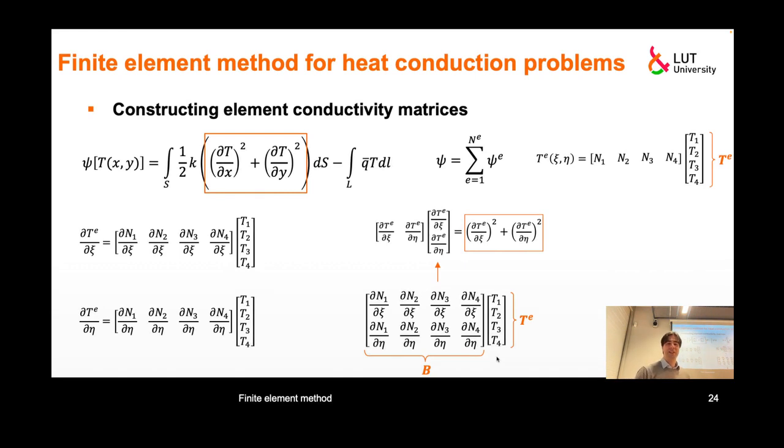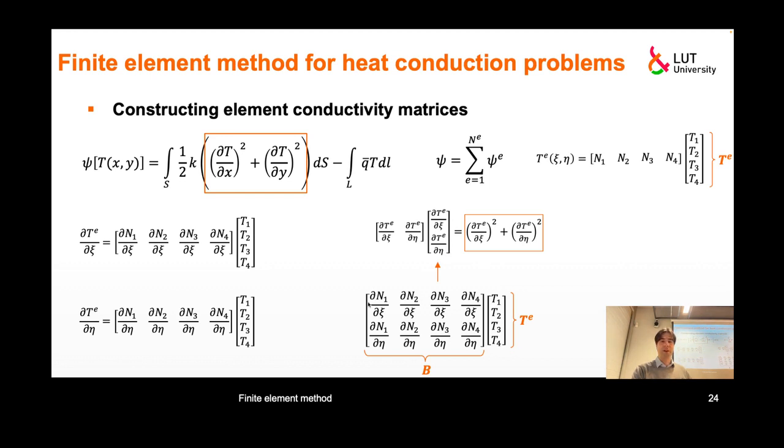Okay, now it's starting to look a little bit more complicated, but I hope you are following my story, and then it must be all clear. I really hope for that. So this column is composed of partial derivatives with respect to psi and eta. Those are these derivatives. Each of them can be calculated as a product of this row type matrix of partial derivatives of shape functions and a column of unknown temperature vectors.